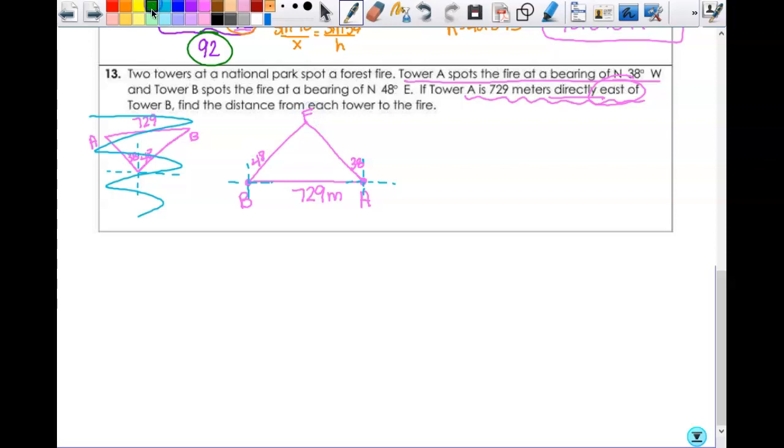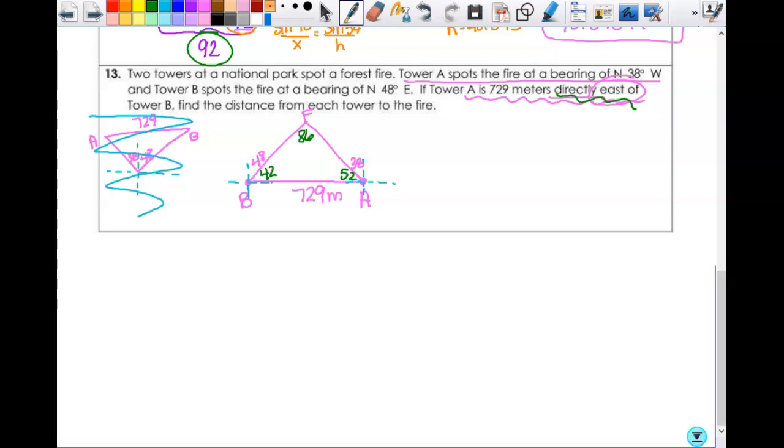So then when I label this, I'm going to subtract 48 from 90, and the reason I know it's 90 for sure is because of this directly east. This has to be horizontal. So that makes this 42, this 52, and this angle 86. So in this case here, it says, find the distance from each tower to the fire.